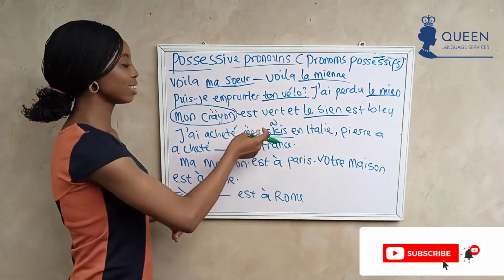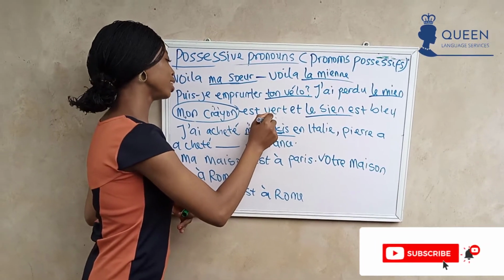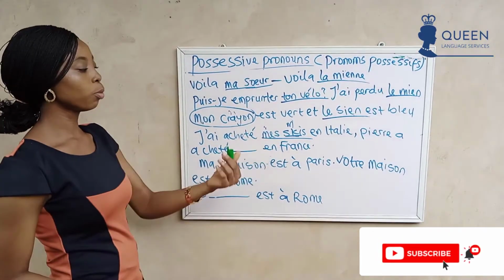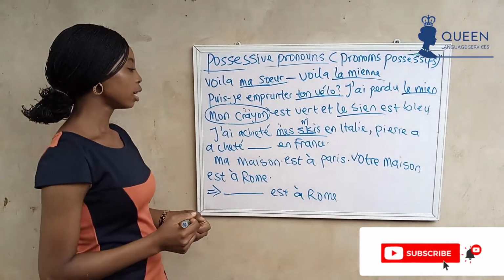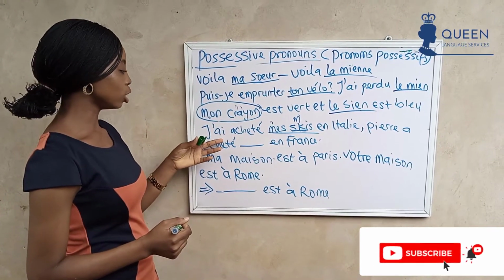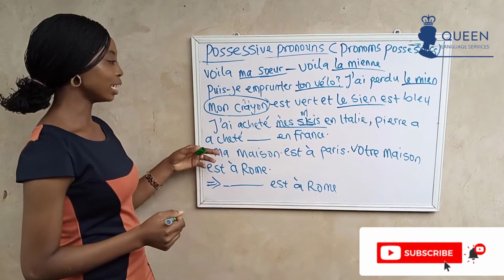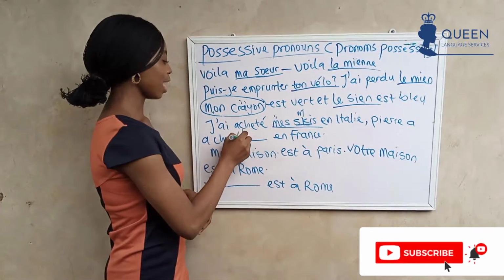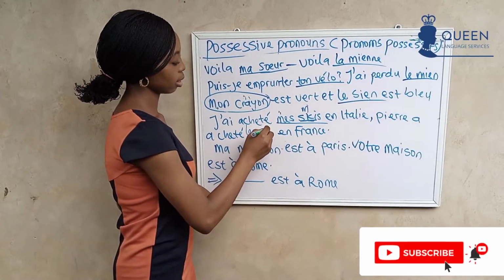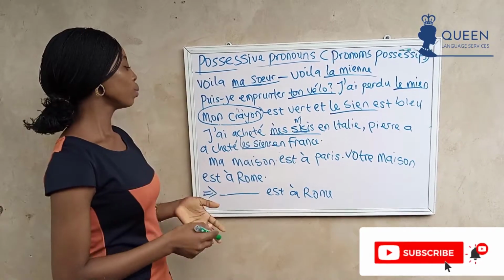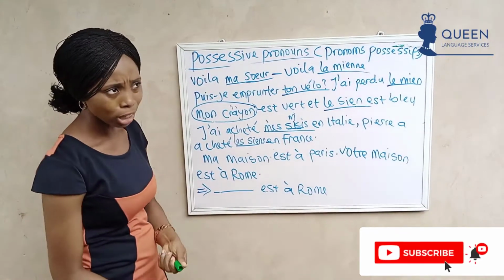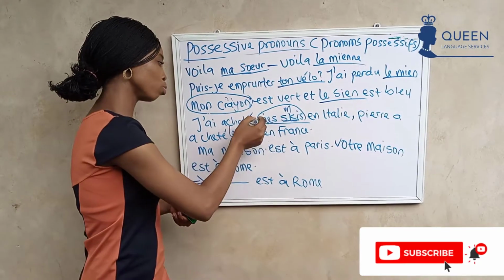So we know that our ski is of a masculine gender and we're having it in the plural form. So we have it this way. J'ai acheté mes skis en Italie. Pierre a acheté les siens. So when we say j'ai acheté mes skis, this is what we are referring to, and this is what wants to be replaced.